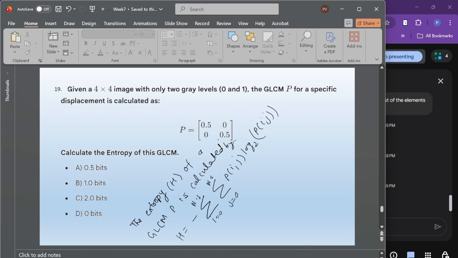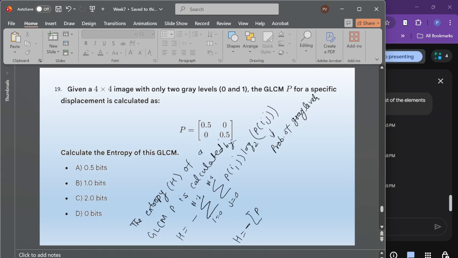Here Pij represents the probability of the specific pair of gray levels at a given displacement. So here P is given. Now we need to put in the values. So here minus, just open all the summations.